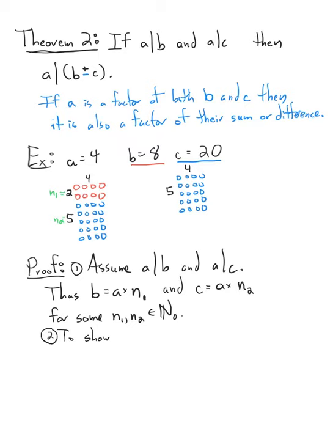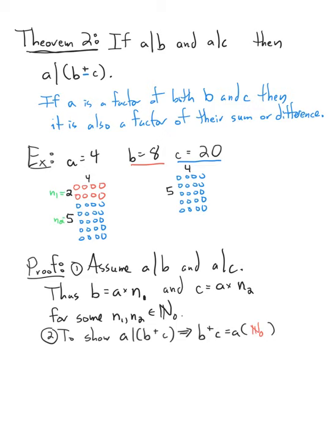So we want to show that A is a factor of B plus C. Well, what does that mean? Well, that means we should be able to write B plus C as A times some whole number. So if we get A times something in brackets, it ends up being a whole number, we're good to go.